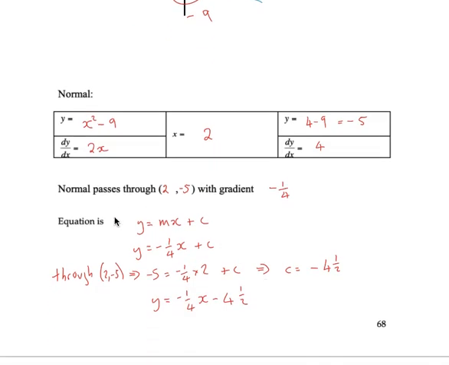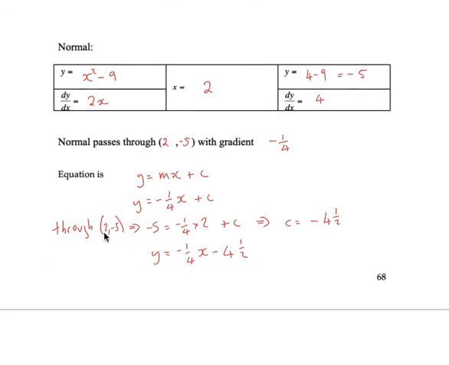Same as before, the normal is basically just a straight line, so y equals mx plus c. We know what m is, and we know that when x is 2, it must make y into -5. Substitute those into the equation, work out c. There's the equation of our normal.